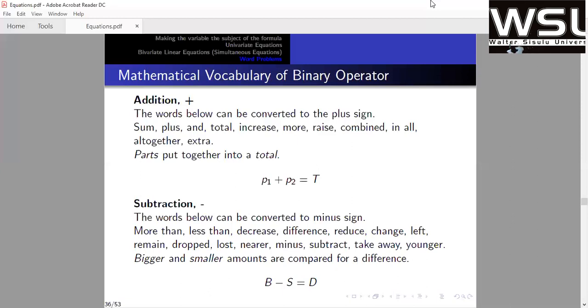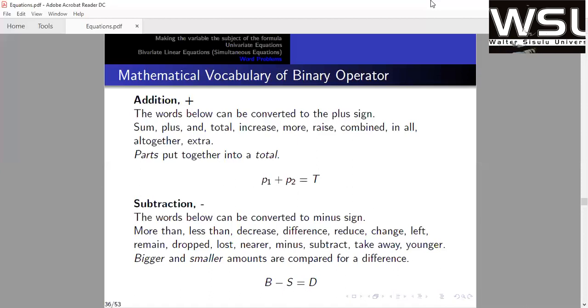Or another statement might be, let's see, B is D more than S. If you take that S to the other side, it will be D plus S. So you can say B is D more than S. That's another statement.